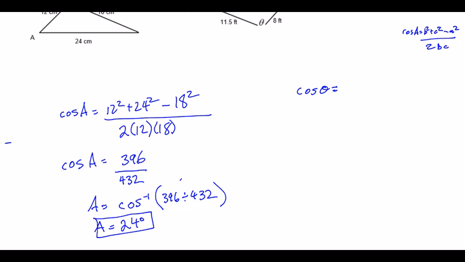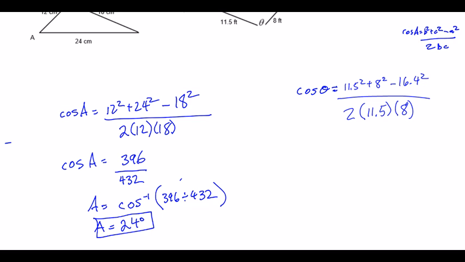So you're going to get something that looks like this: 11.5 squared plus 8 squared minus 16.4 squared divided by 2 times 11.5 times 8. Now, you just have to memorize the pattern in order to find the angle.